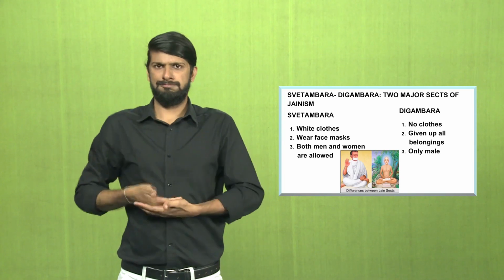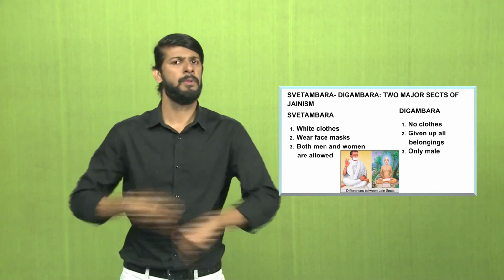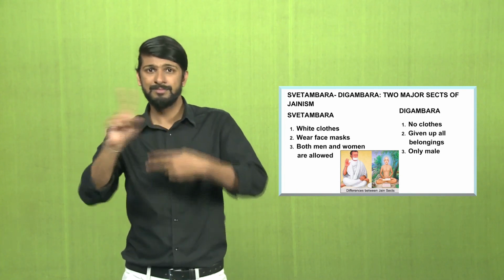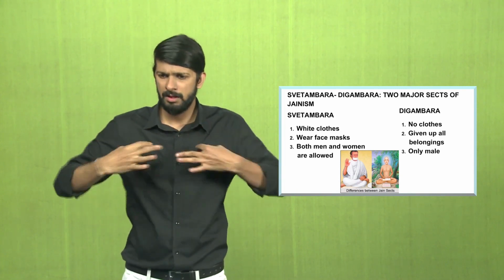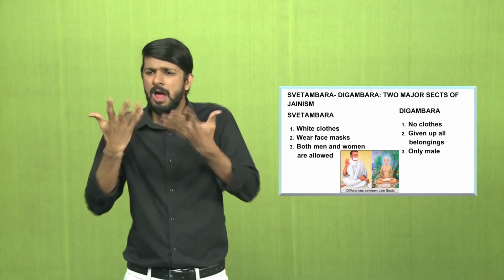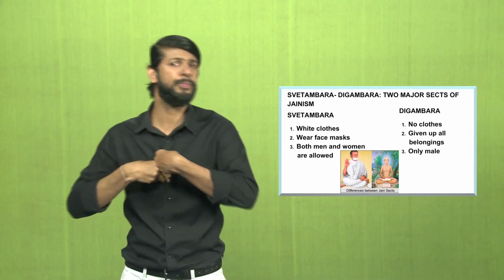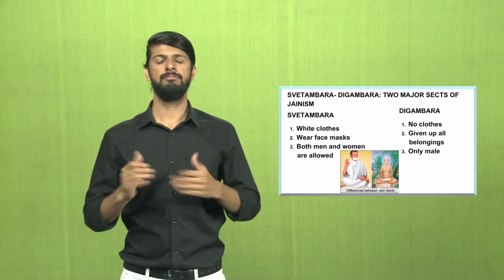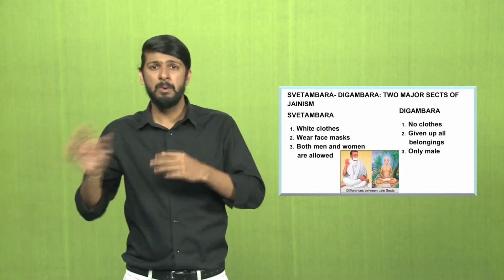Then the Digambara sect: the people of this sect do not wear clothes. Second, they have given up all belongings, all material things, not even their clothes do they keep.